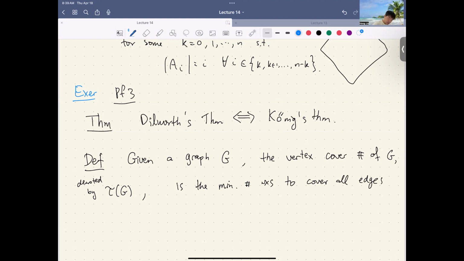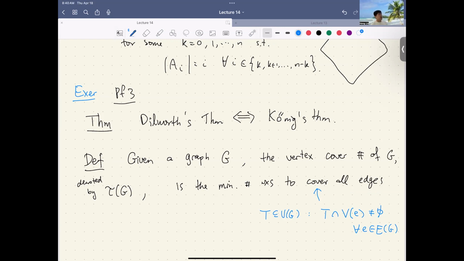Here, what it means to cover all edges is that we have a set T such that T intersects the vertex set of every edge, that is, the intersection is nonempty for every edge in G. In other words, every edge has one of its endpoints in this set T.